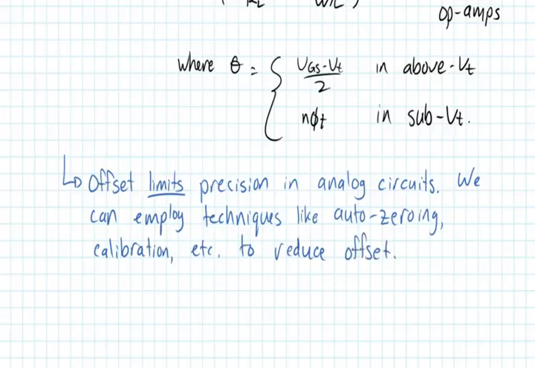So one quick and easy way to reduce offset is, let's say your primary transistors are your two input transistors there, and through fabrication, they may end up having different VTs or different W over Ls. What you can do is create a binary weighting of several different input gates on either side, and then do some calibration and select which pair of input gates you would like to use such that the offset is actually minimized. There are a number of different ways that you could do calibration like that, as well as other techniques like auto-zeroing.